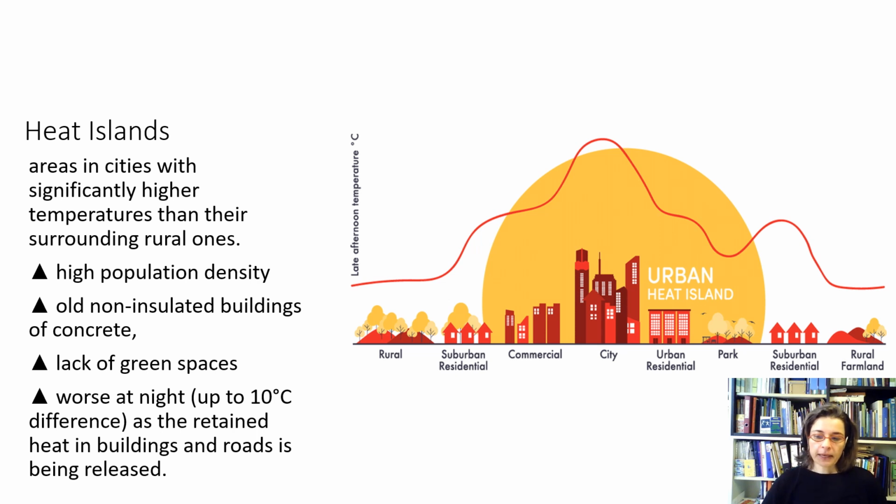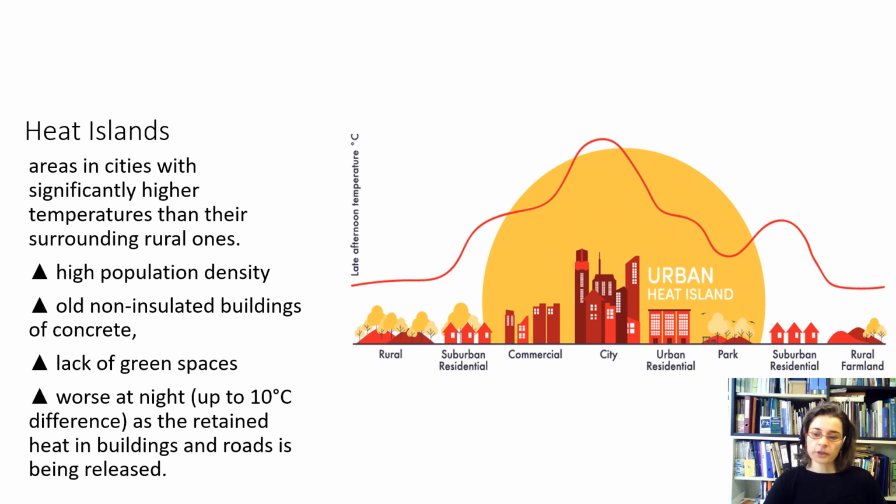So then we explain what heat islands are. They appear in cities, and we have the phenomenon of significantly higher temperature than the surrounding rural areas. It happens when we have a high population density, old non-insulated buildings, usually of concrete, and a lack of green spaces.